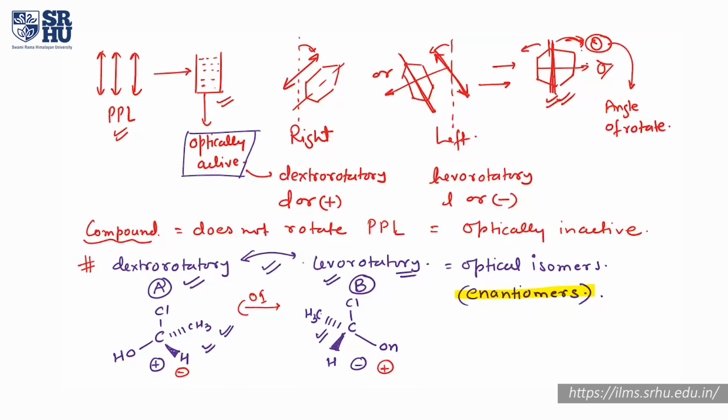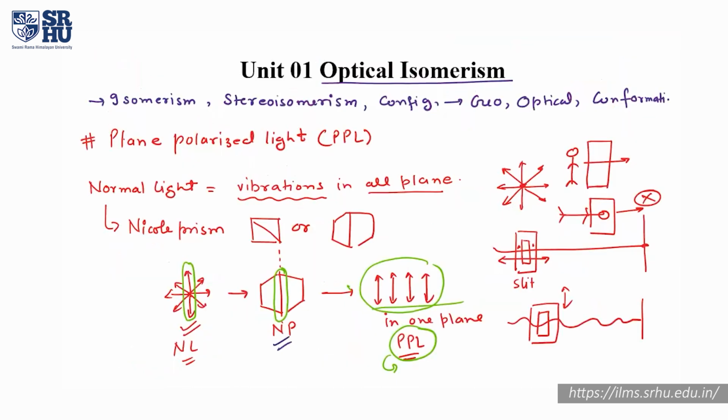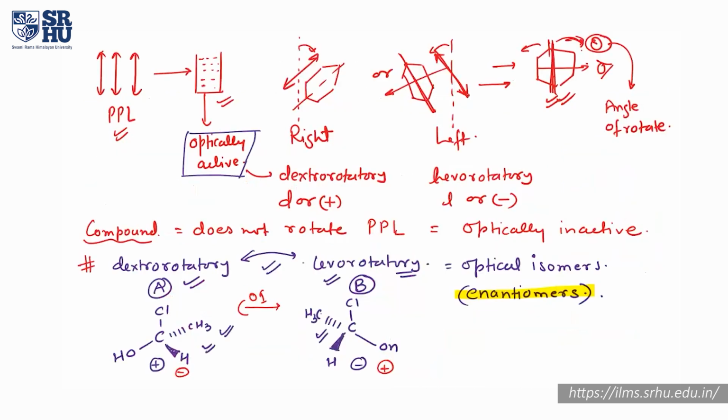The first Nicol prism which converted normal light into plane polarized light was known as polarizer, and the second prism which helps to identify the degree of rotation is known as analyzer. So there are two prisms used in this instrument.